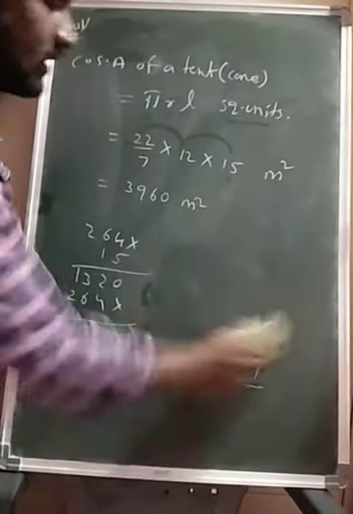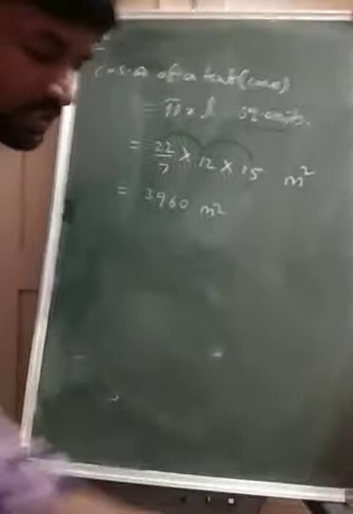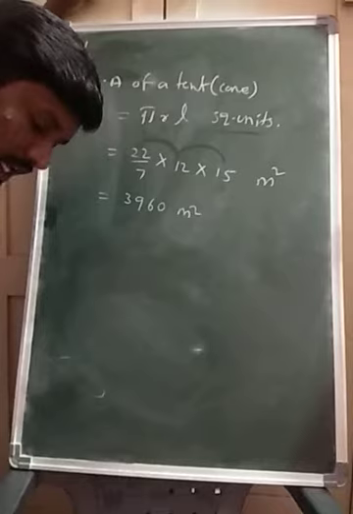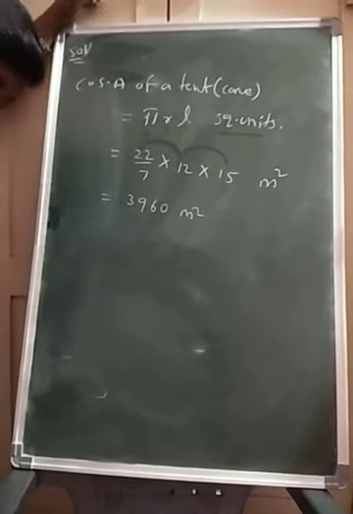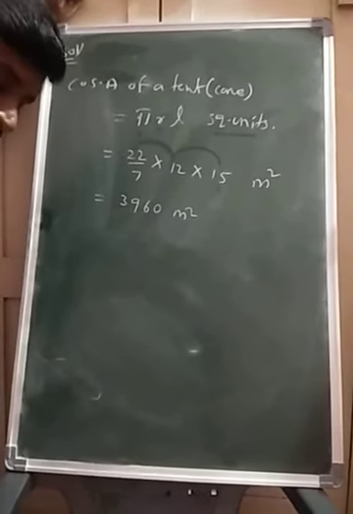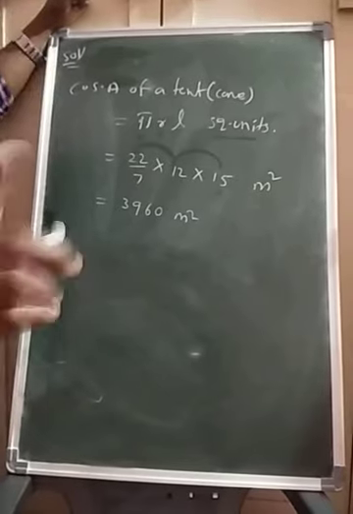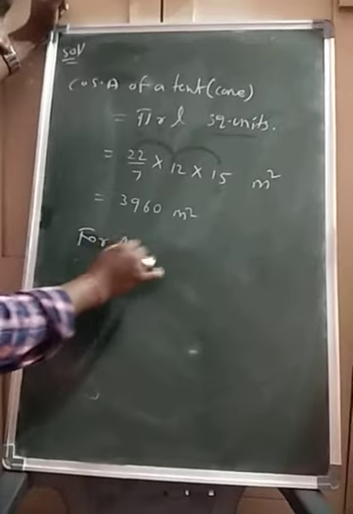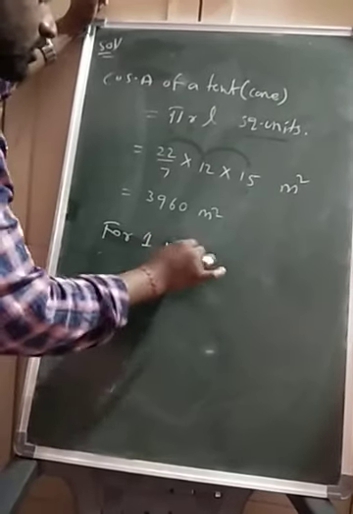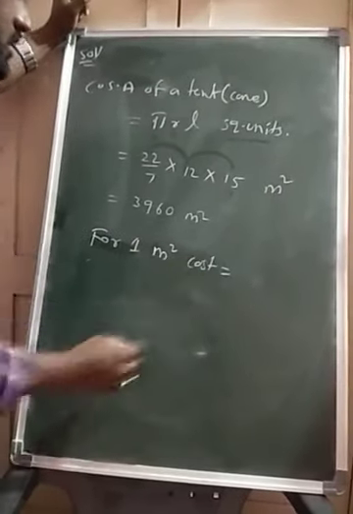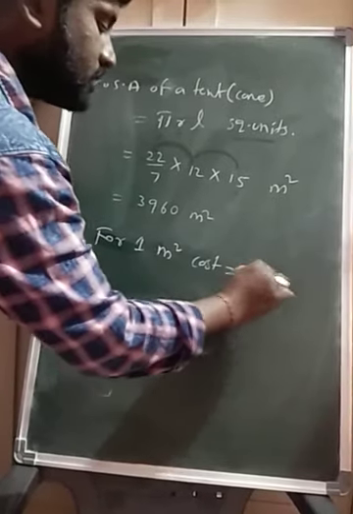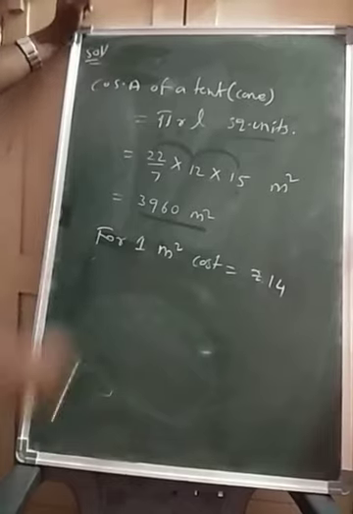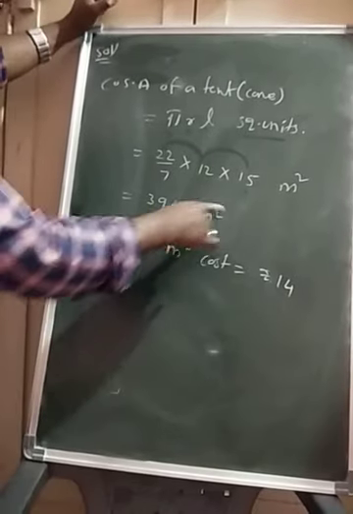Now in the given data, the cost of canvas cloth required is rupees 14 for 1 square meter. So for 1 square meter the cost is rupees 14, and here there are 3960 square meters.